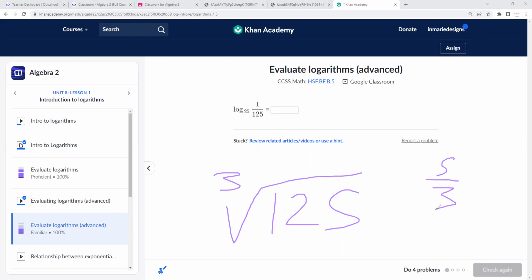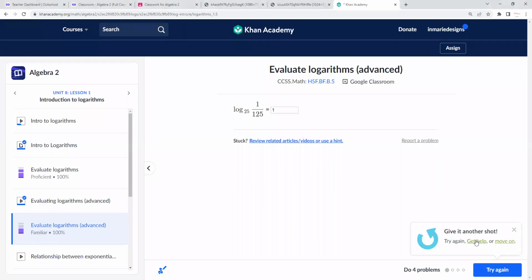Sometimes you got to play around with these fraction ones. These are a pain until you get better at them. Let's check how they did this one. I know it's not going to be to the power of -3. Maybe it's my calculator being a pain.